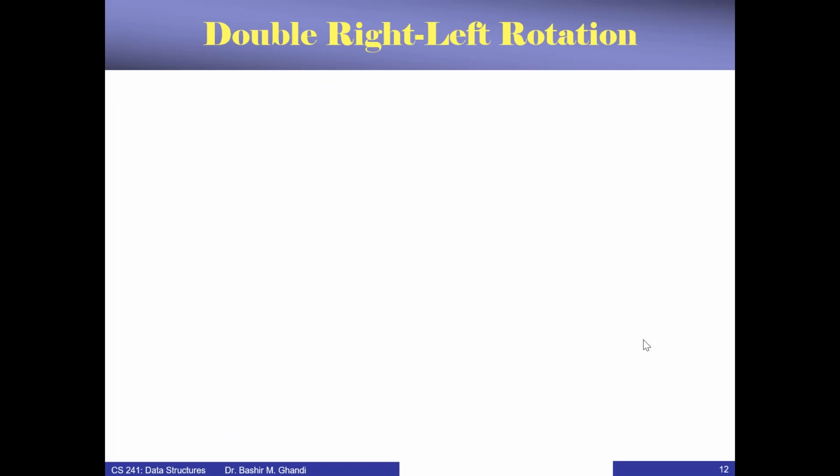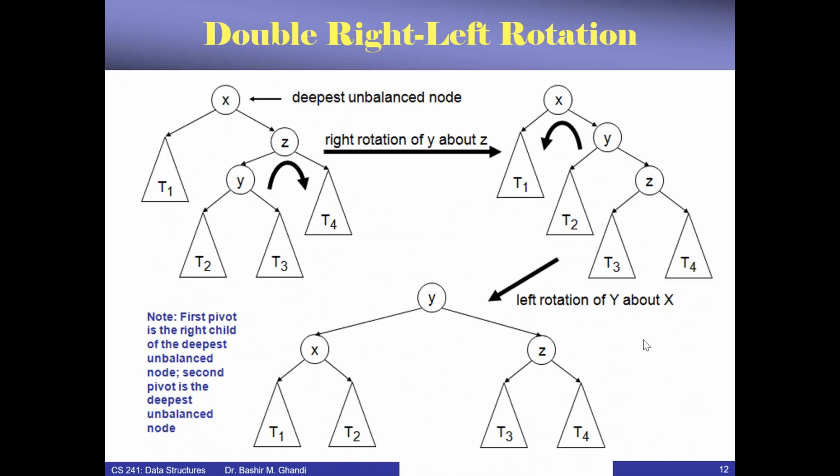What about double right-left rotation? It simply means a right rotation followed by a left rotation. However, there is a very important point here. If you are making a double rotation, in this case double right-left, the first rotation, which is the right rotation, is not done on the node x that is unbalanced.